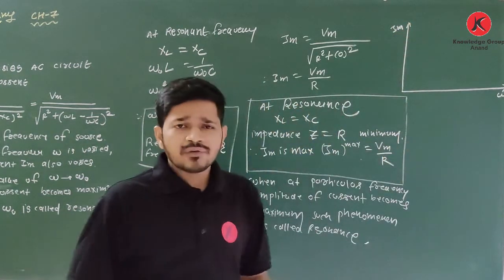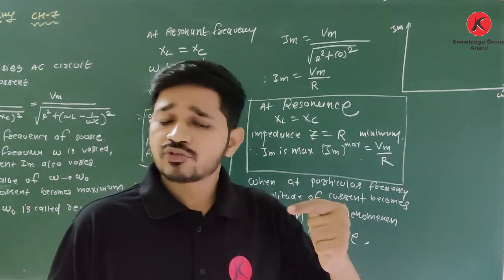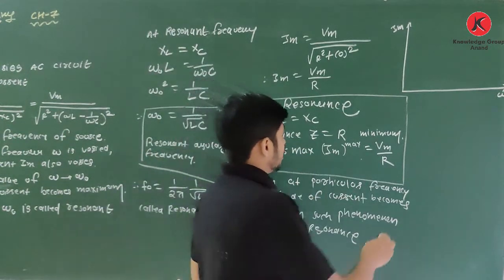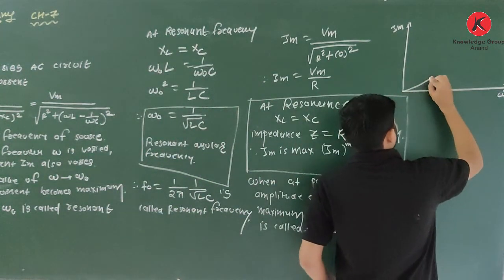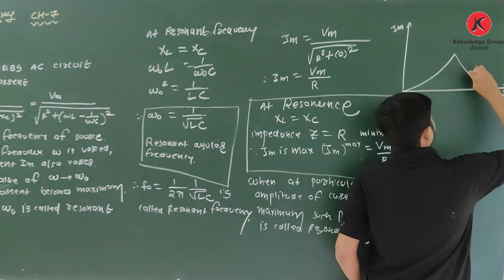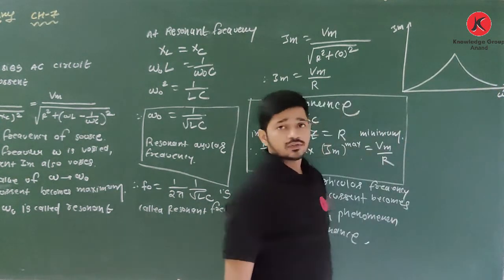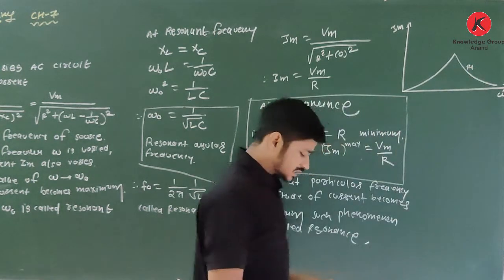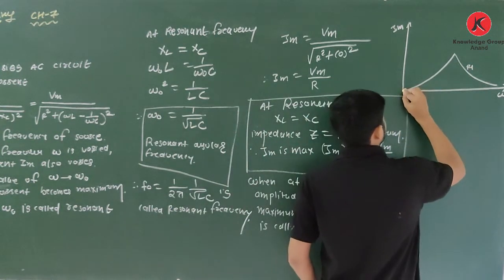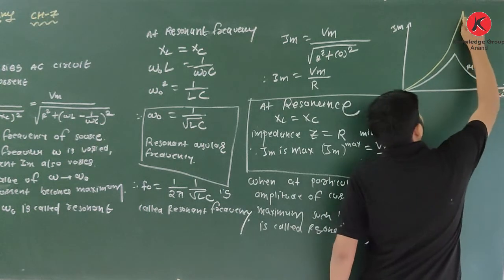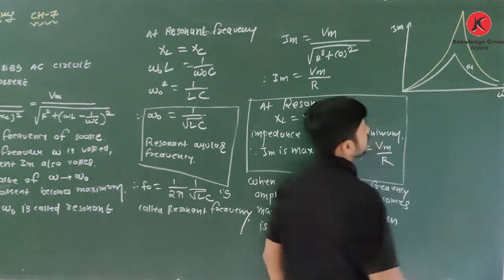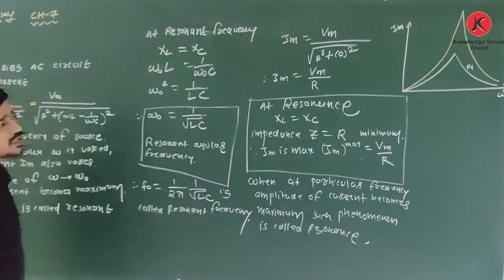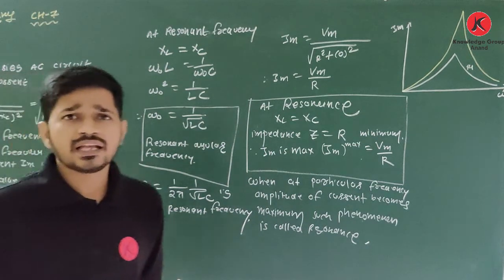If we take different values of omega, then we will get different values of Im. Okay, that graph is like this for one resistor, say R1. For another resistor, this graph is like this. For another resistor, this graph is like this. So it is the graph of Im versus omega.